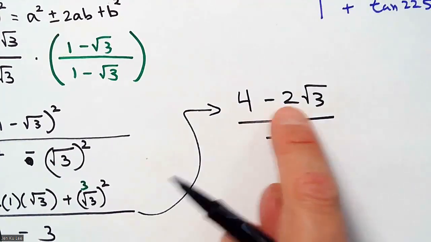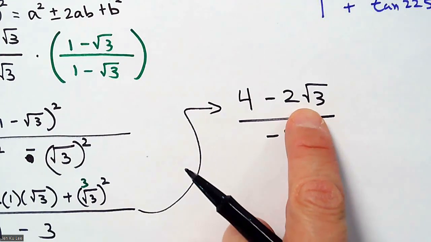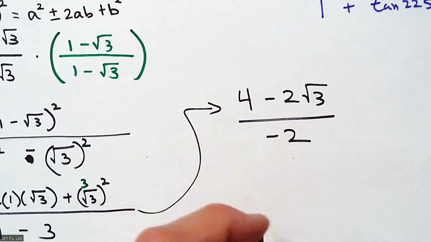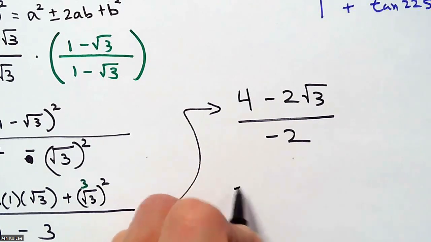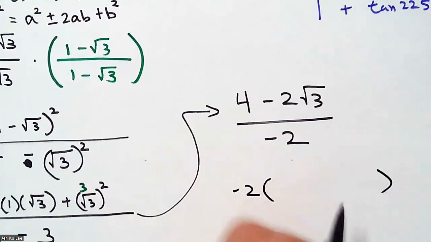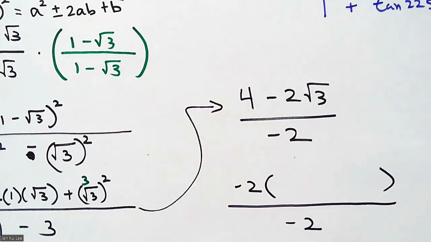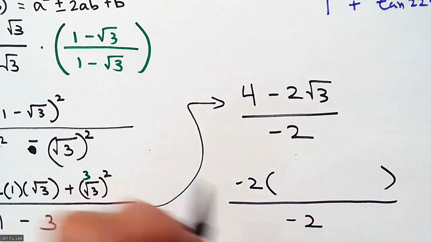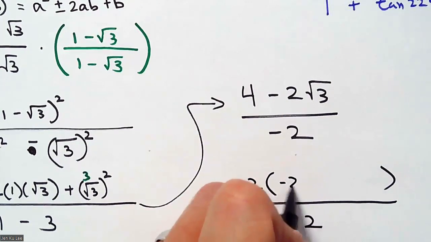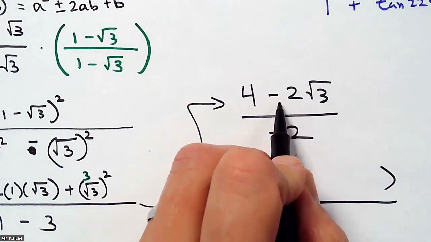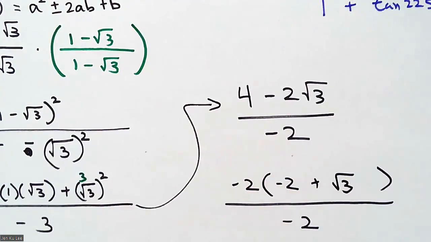Now, what can I take out of a 4 and a 2 square root of 3? A 2, right? But since that part is negative, I'm going to take out a negative 2, because I want to cancel out the negative 2 down here. So if I take out a negative 2, the positive 4 becomes negative 2. The negative 2 square root of 3 becomes a positive square root of 3.